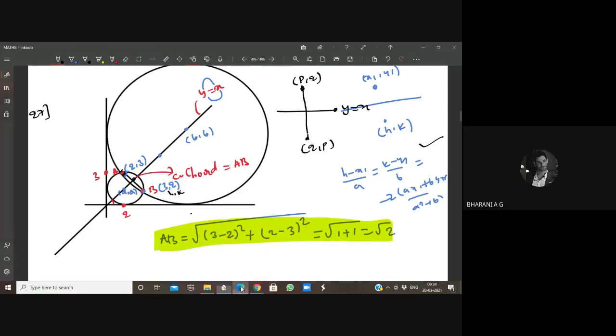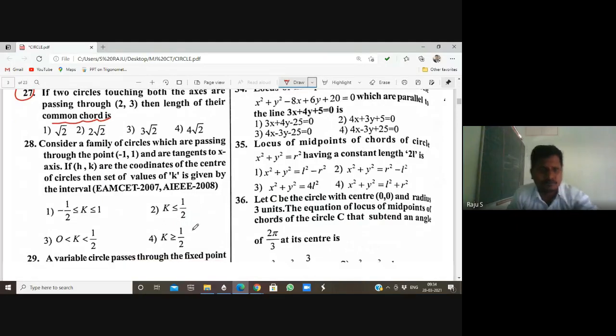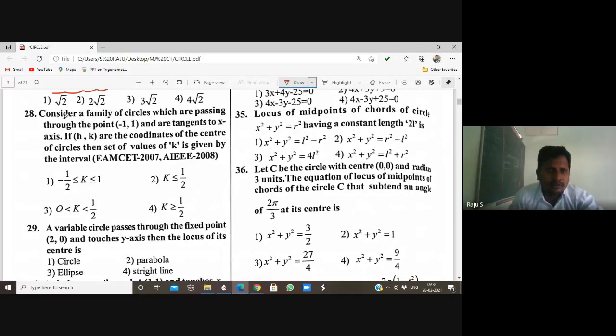Yes. Right. Fine. We consider a family of circles. This is a question from JEE Mains 2008.